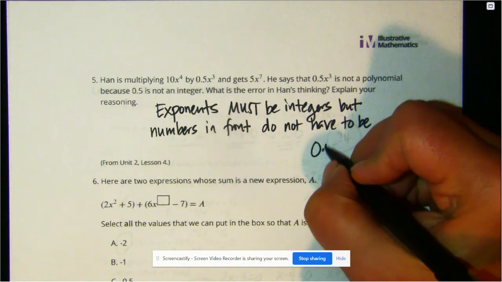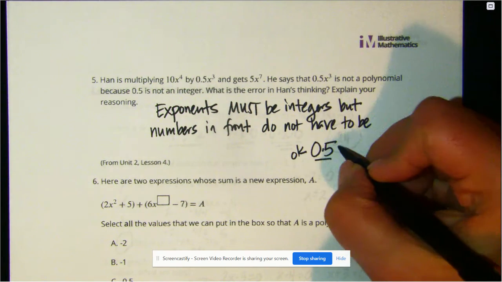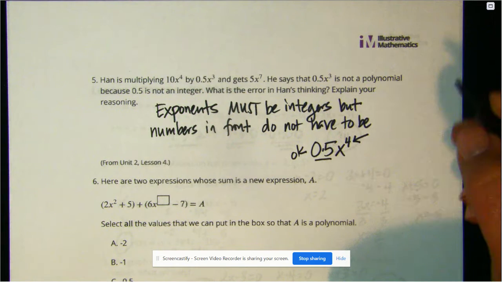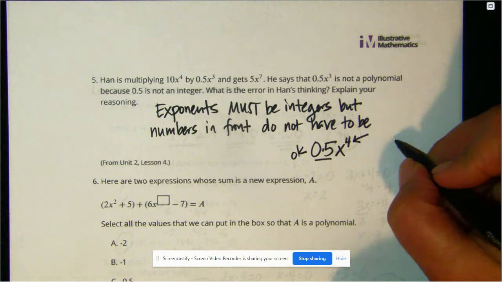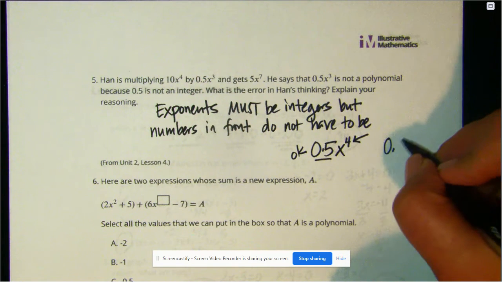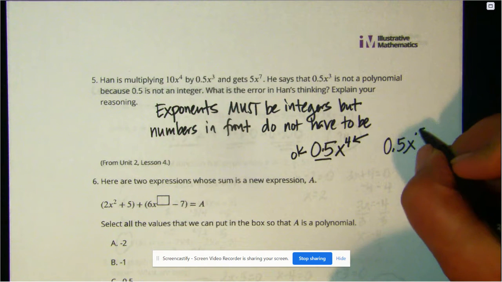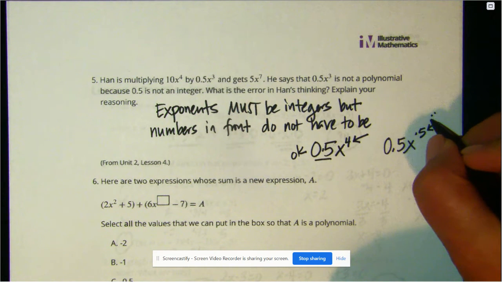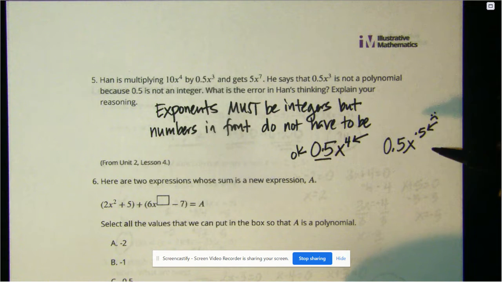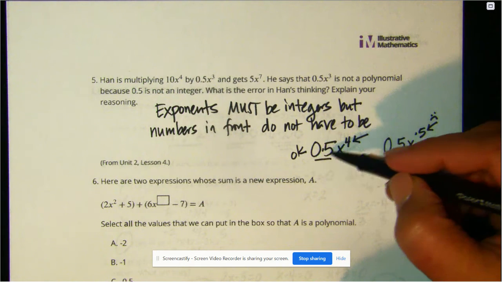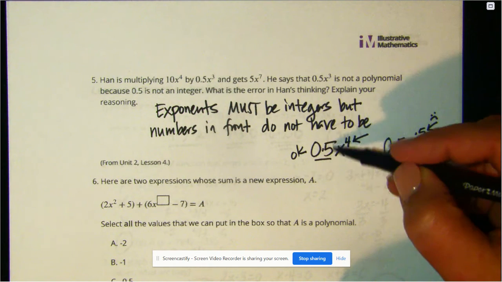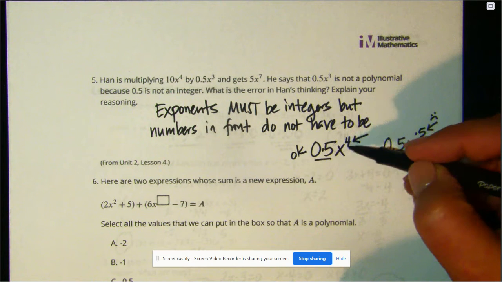So 0.5, that's okay. X to the 4th, right? If you want to see something that wouldn't be okay, it'd be like 0.5x to the 0.5. No, not okay. This can be anything it wants. Positive, negative, integer, decimal. This has to be an integer.